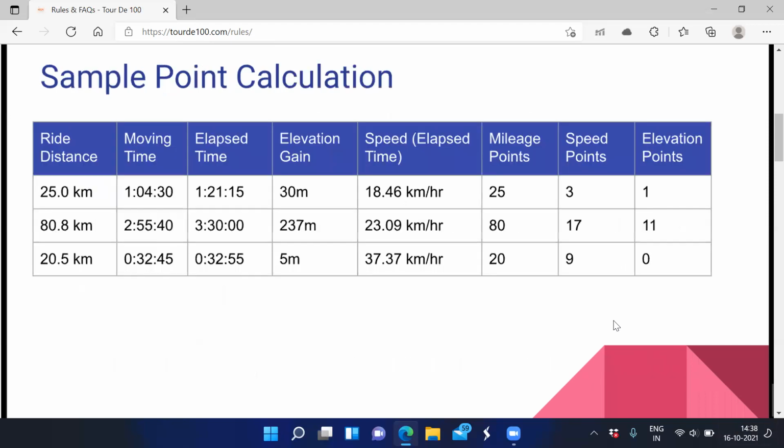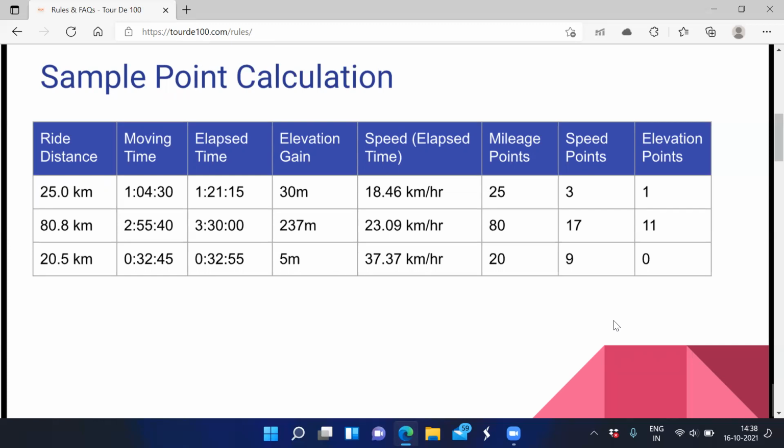Okay, next. They have given sample point calculations, like how will it all go. Just an example, in the first one they have covered 25 kilometers in 1 hour 4 minutes and 30 seconds, out of which elapsed time was 1 hour 21 minutes and 15 seconds.